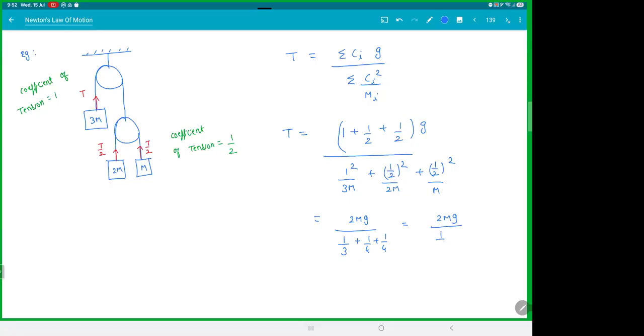That's 2 mg by 1 by 3 plus... maybe I cooked up somewhere. This is 1 by 8. That's 1 by 3 plus 3 by 8. So that will go up, which is 48 mg by 8 plus 9. That's 17. Isn't that the tension in this block?